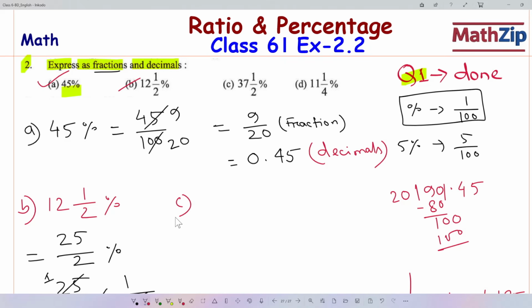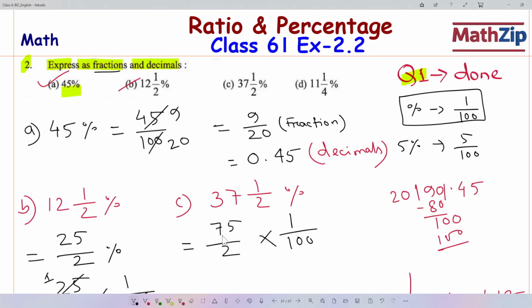Number C, 37 1 by 2 percent. First our target is to make this an improper fraction. 37 times 2 is 74, plus 1 is 75, divided by 2, times 1 by 100.